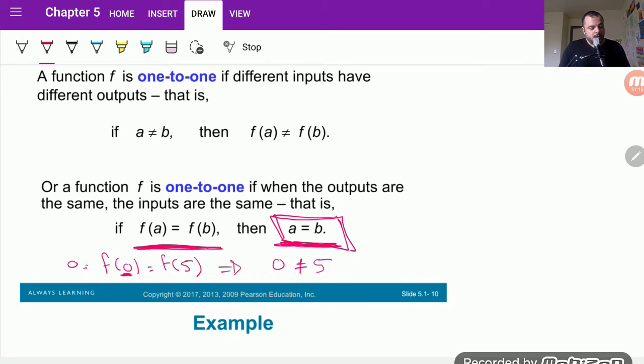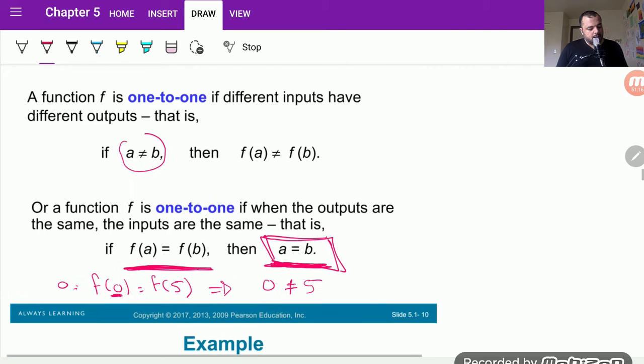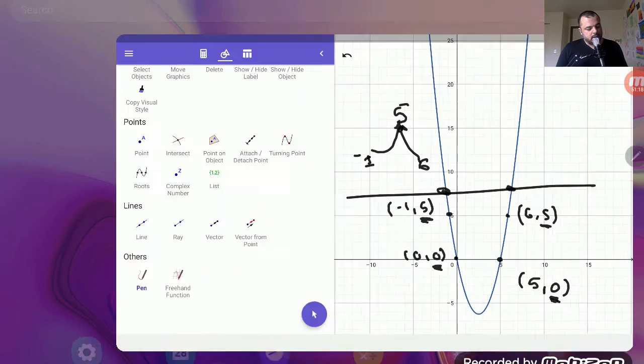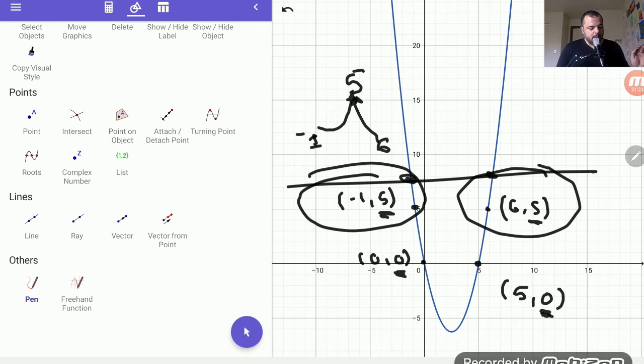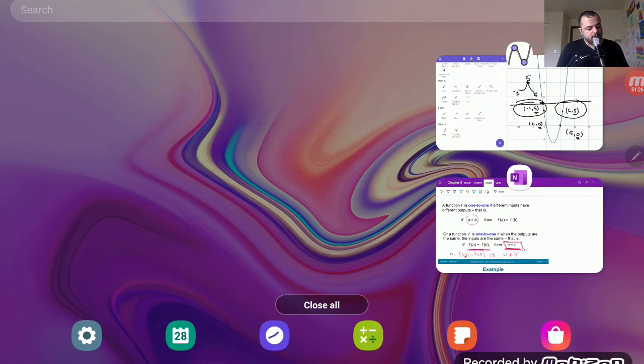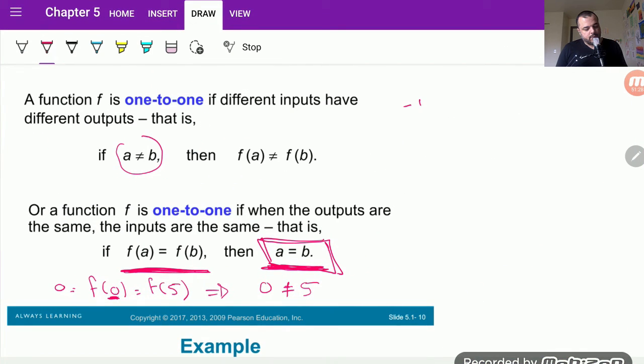Again, let me take these two points, (-1, 5) and (6, 5). These two points are on the function.